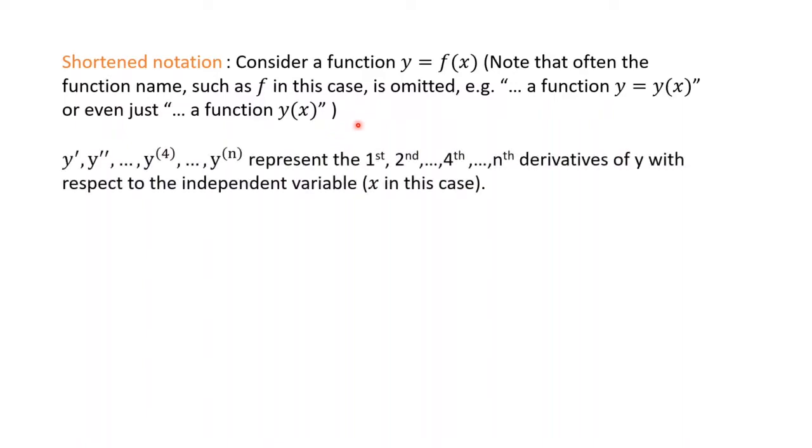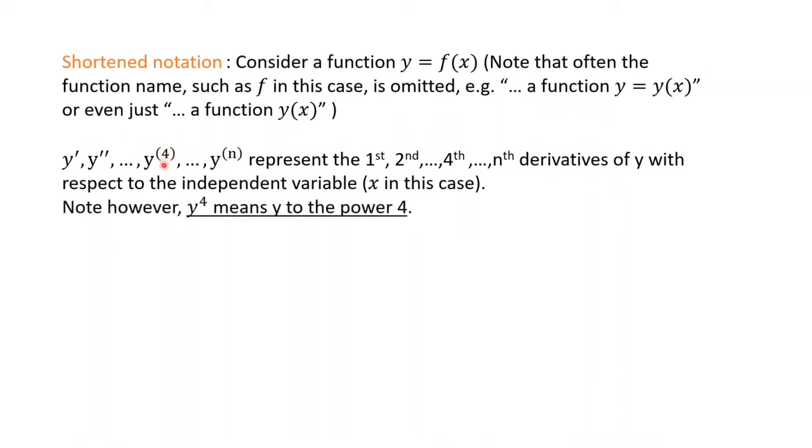Okay, now as for the derivatives, you're probably already familiar with the prime notation. Like you would talk about f prime of x, or you could just talk about y prime, or double prime for second derivative, or 3 prime signs for third derivative. But from fourth onwards, you use brackets like this, for anything beyond 4.